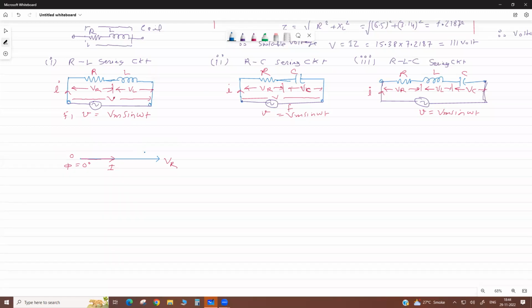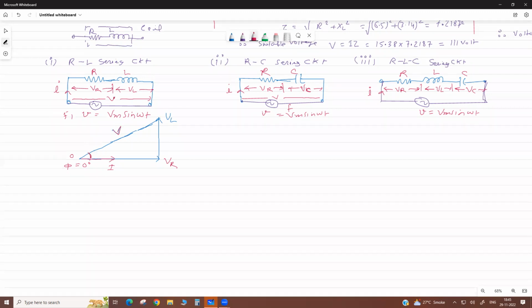Now the drop in the inductor is perpendicular to this current, the voltage drop in resistance. This is VL. Now if we calculate the total, that is the vector sum of these two. This is your total voltage V. Now this is your source voltage and this is your source current.